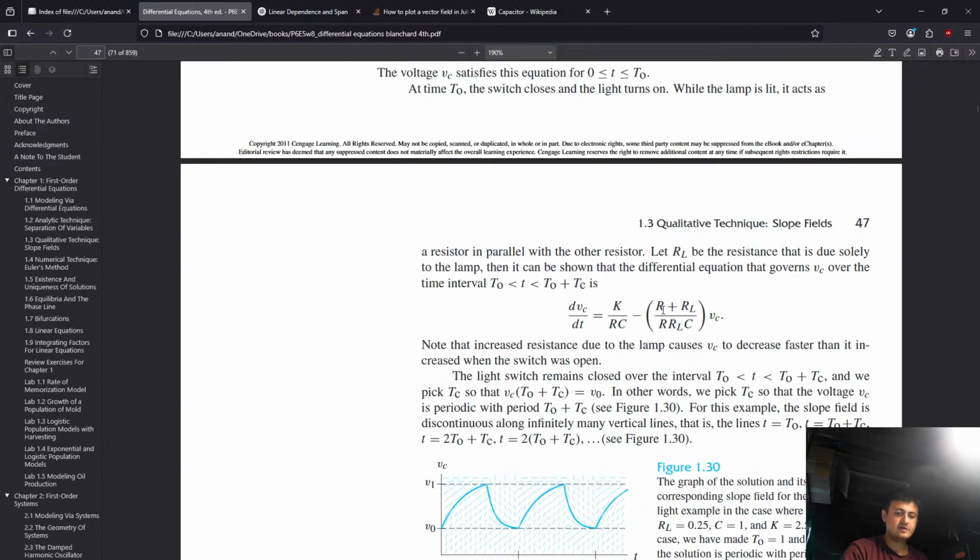This gives, for V of t equal to K, VC dot is equal to K over RC minus (R plus RL)... So this is going to be R, and this is going to be RL, and this is going to be C. So we're going to get RL over R RL C, times VC.